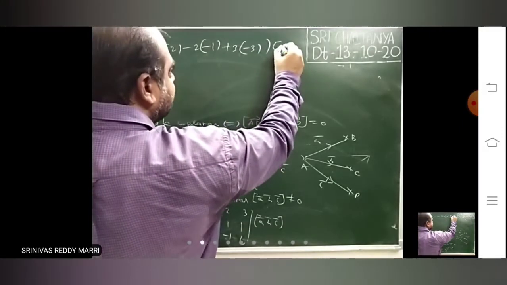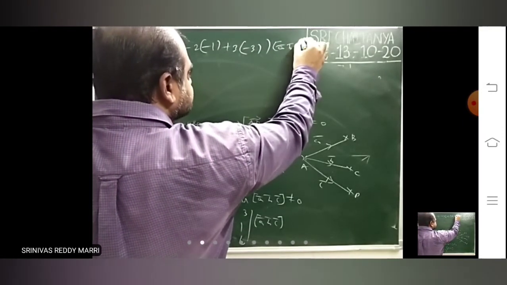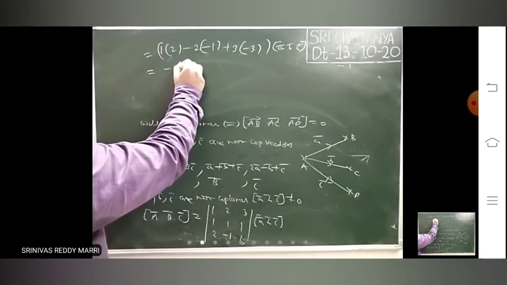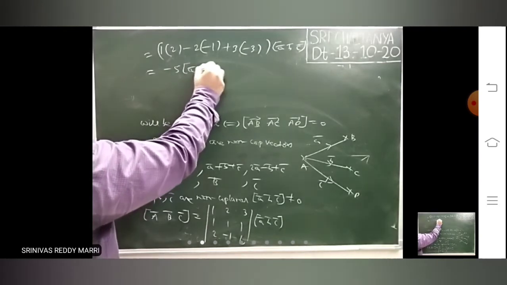Minus 3. The scalar triple product of those 3 vectors is this. So that means 4 minus 9, minus 5.